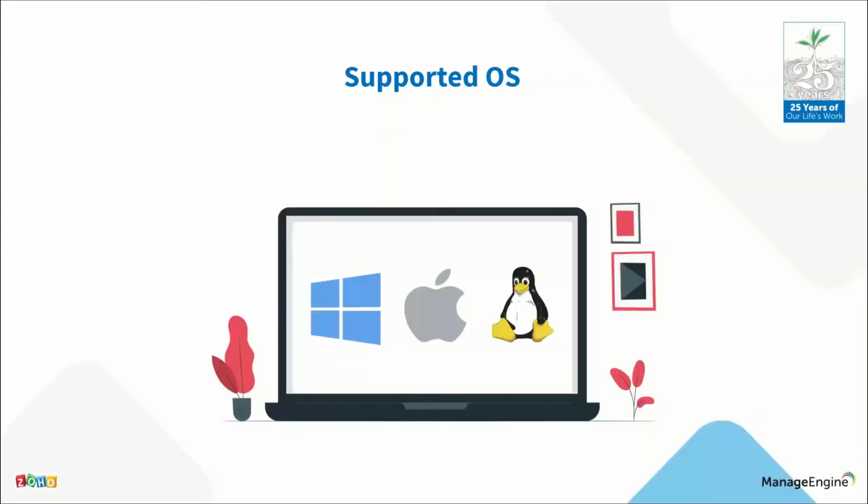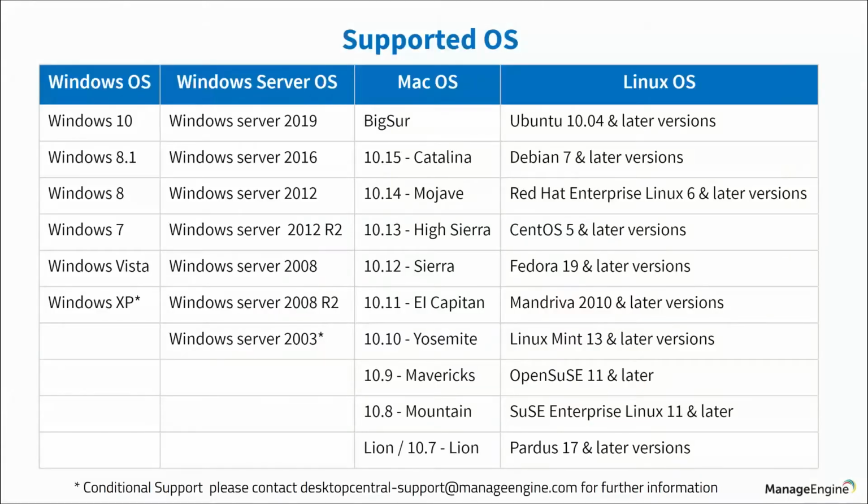Talking about the supported operating systems, we support all the three major operating systems: Windows, Mac, and different flavors of Linux. So here is a complete list of the supported operating systems. Please be informed that the primary application server runs on the Windows platform only, but the endpoints can be part of any of these platforms: Windows, Mac, or the different flavors of Linux.